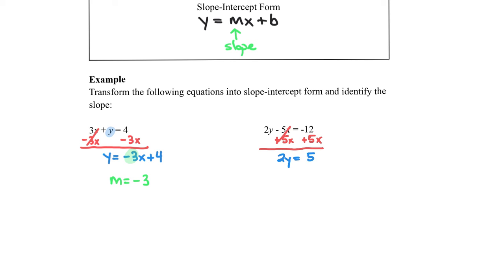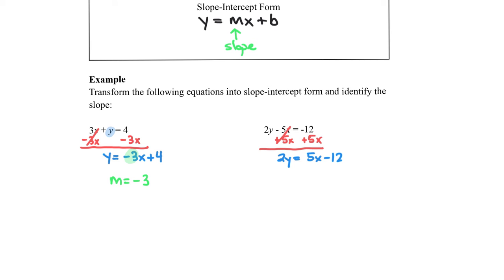And on this side, I'm left with 5x minus 12. Just to go back to what we know, you can't add negative 12 and 5x. That's why this didn't become 1x, and that's why this didn't become negative 7x, because this has an x and this doesn't. Those are unlike terms. So that's why I'm writing it in this way.